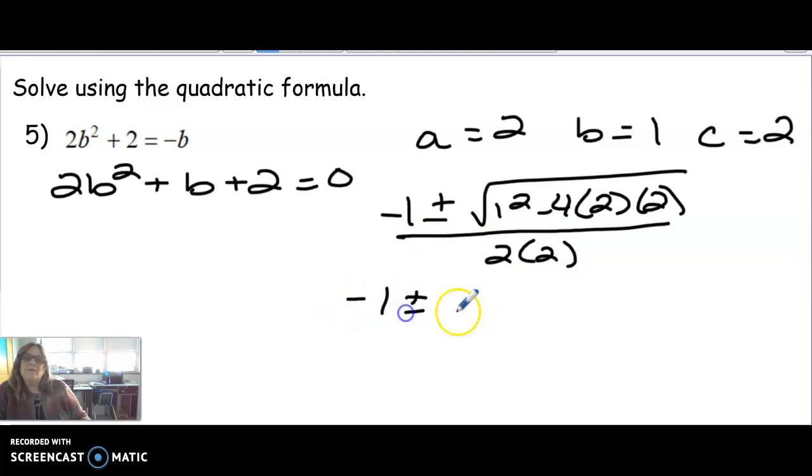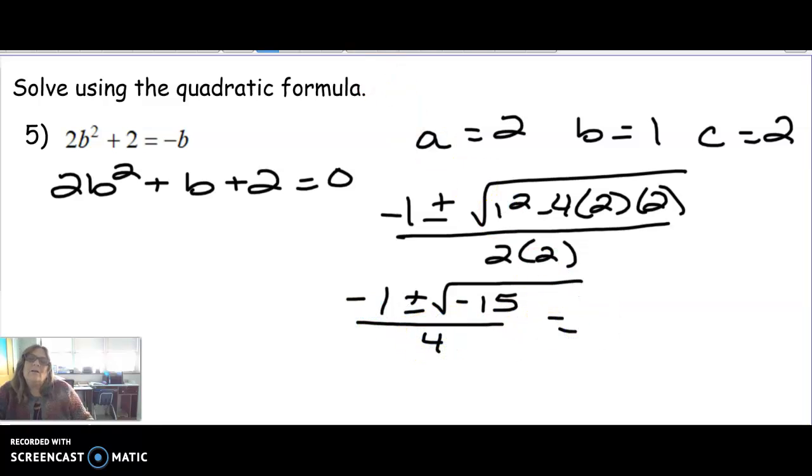So negative 1 plus or minus. So 1 squared minus 4 times 2 gives me a negative 15. I can't simplify negative 15 anymore, except I can bring out, remember this negative. So I have negative 1 plus or minus i times the square root of 15 over 4.